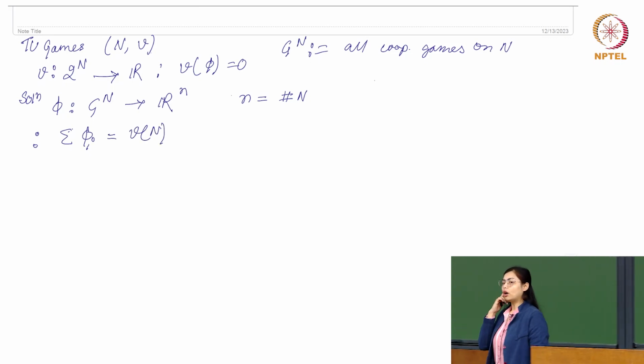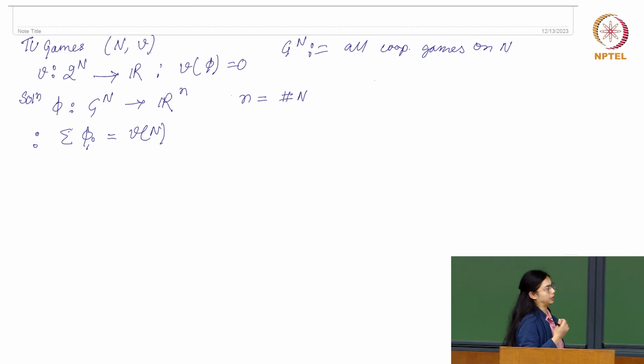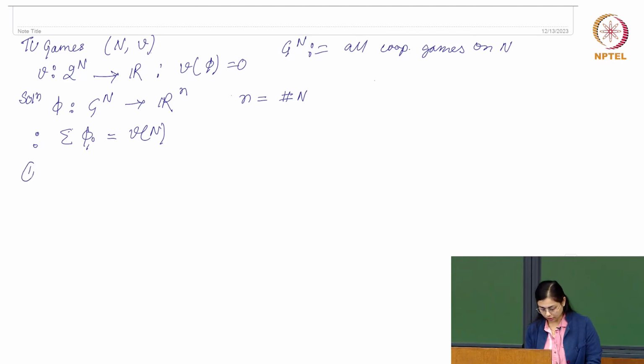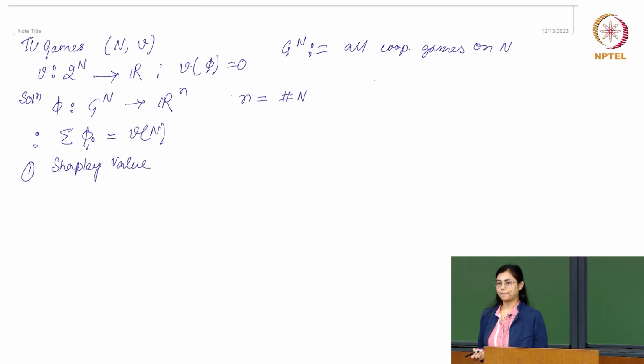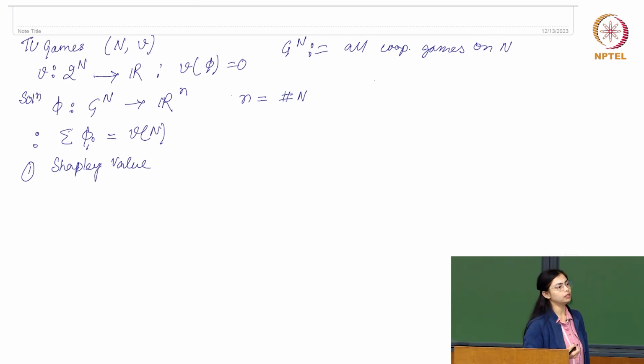Then we talked about some popular allocations. The first allocation is the Shapley value. Do you remember how it's defined? It's defined on the marginal contribution of a player.